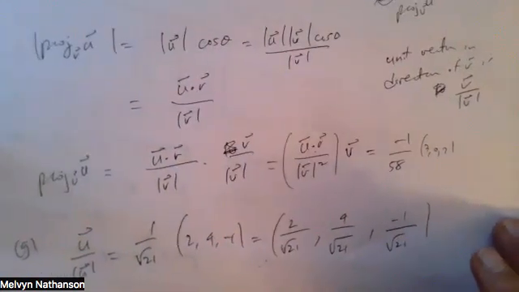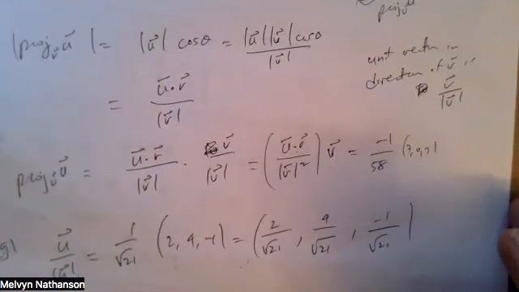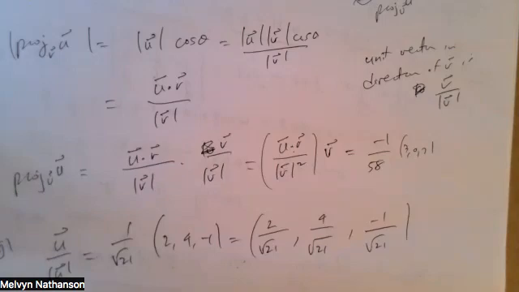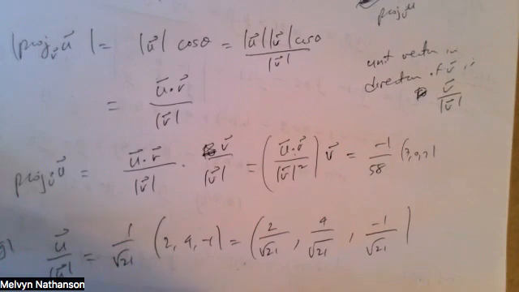Any questions about that? Professor, I have a question. Go ahead. Can you explain why when we did the u, we did 1 over the square root of 21? I'm confused where the 1 is coming from. In this problem? Yeah. Okay, so the length of the vector u is the square root of 21.